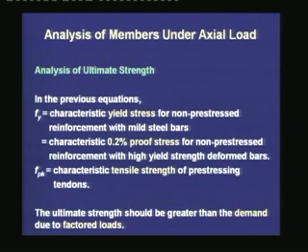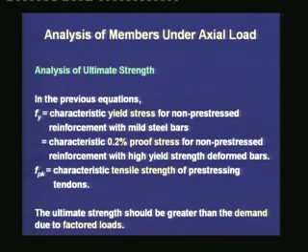Now, in this previous equation, Fy is the characteristic yield stress for non-prestressed reinforcement with mild steel bars, that means the bars which have a definite yield plateau; the stress corresponding to the yielding is denoted as Fy. For high strength deformed bars, Fy is equal to the characteristic 0.2 proof stress. Now, we had learned that the proof stress is the stress corresponding to a particular plastic strain.